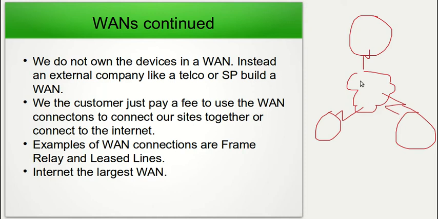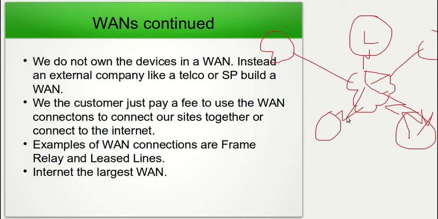The way it works is that multiple customers connect to a WAN, and it is up to the company that owns the wide area network to keep customer data separate and to ensure that when I send data to my New York site, that data only goes to my New York site and doesn't end up at another customer site or a different site.